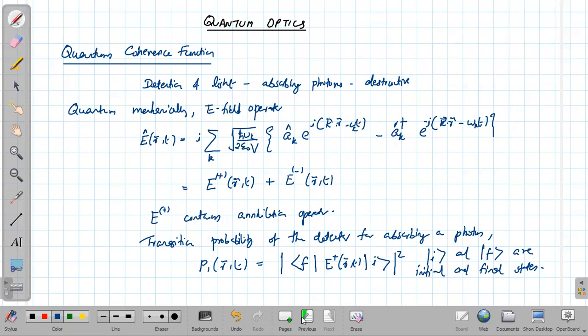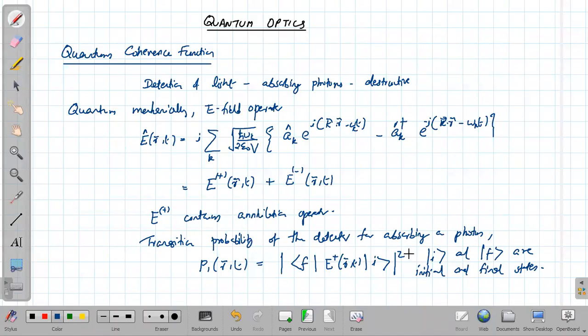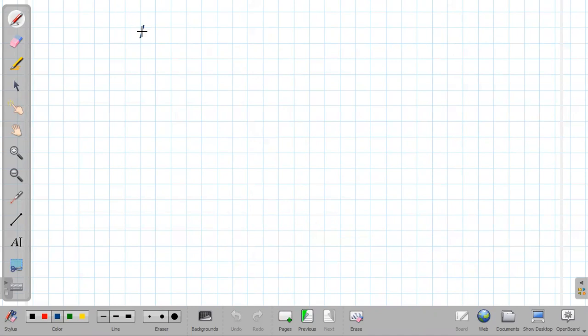But finally, there may be many possible states. Therefore, the total probability should be the sum over all possible final states. So we can write this P₁(r,t) as the sum over f of |⟨f|E⁺(r,t)|i⟩|².